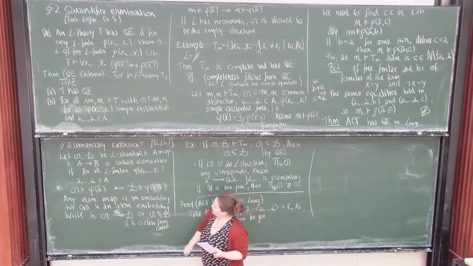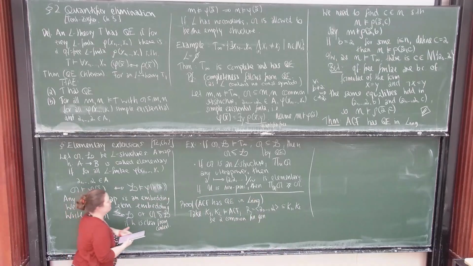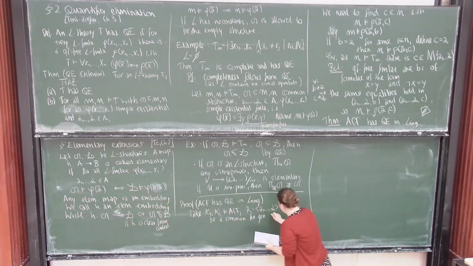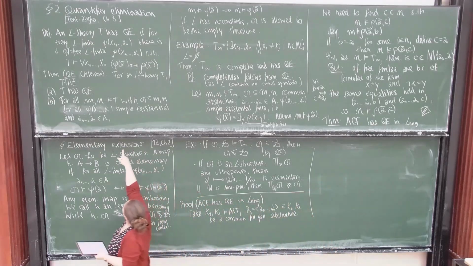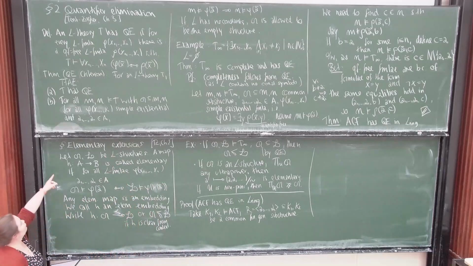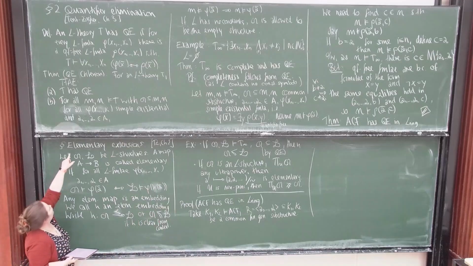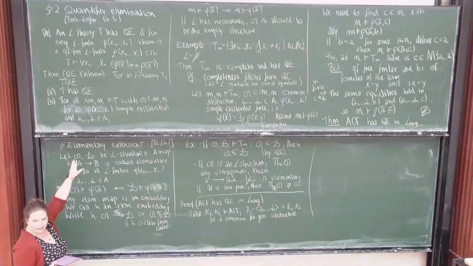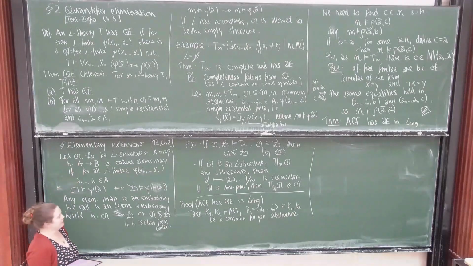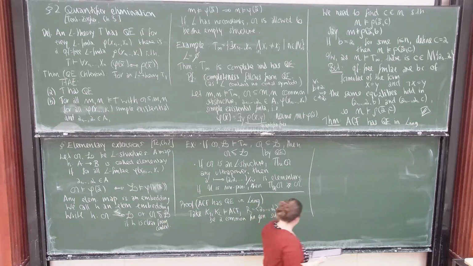Why can I allow my common substructure to be finitely generated? But I said up there in the quantifier elimination criterion, I really should show it for all common substructures. But of course, if I show it for the common substructure which is generated by my fixed a1 up to an, then it suffices for this single instance.